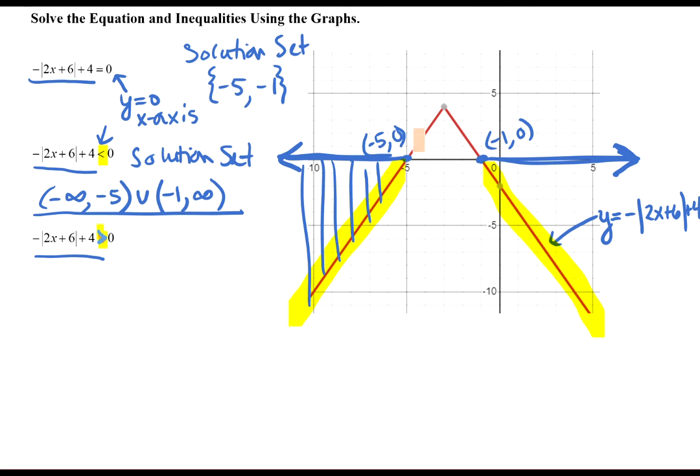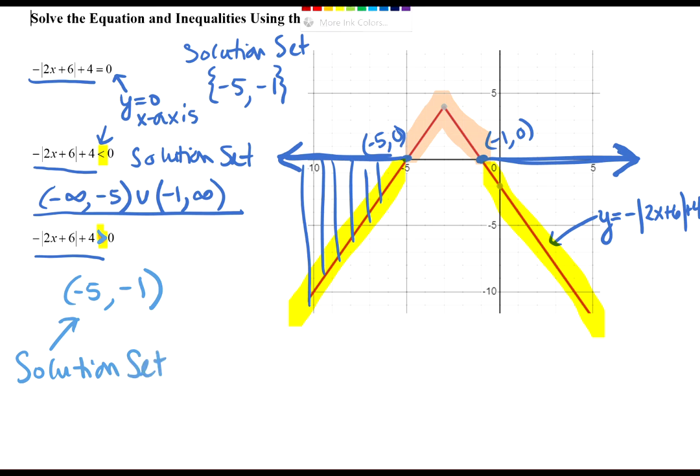Above the x-axis would be the V part of this graph. The x values in that interval are from negative 5 to negative 1. So my solution set would be just from negative 5 to negative 1, again not including those particular endpoints because of the strict inequality. So I've got all my solutions here for both the equation and the two inequalities.